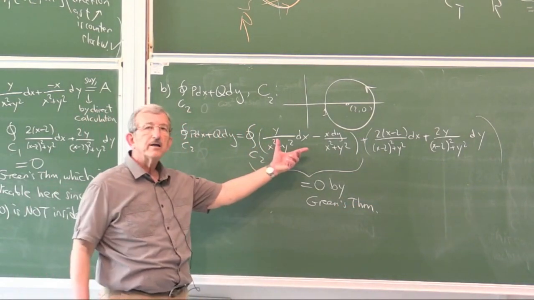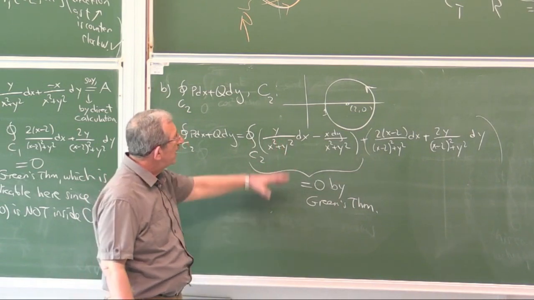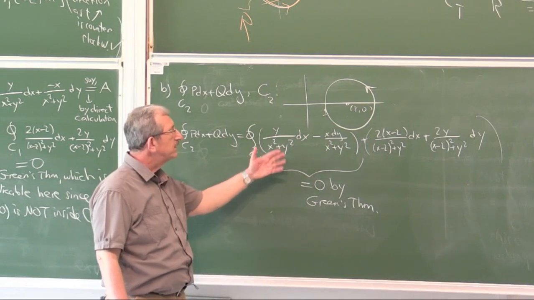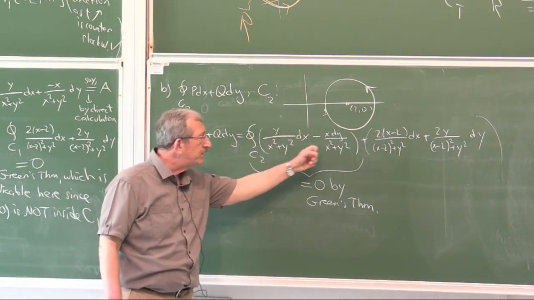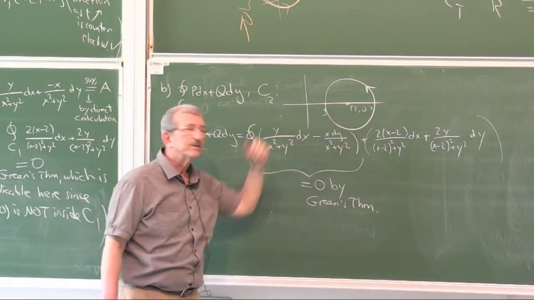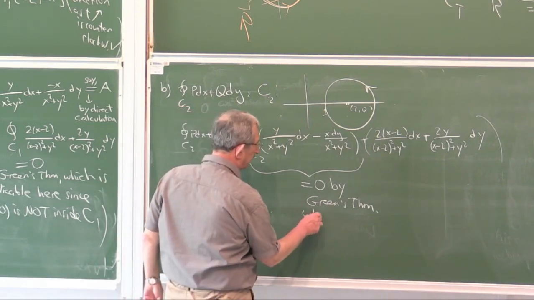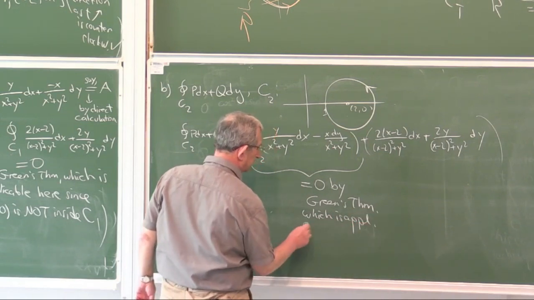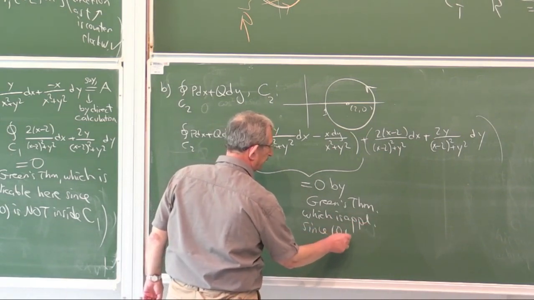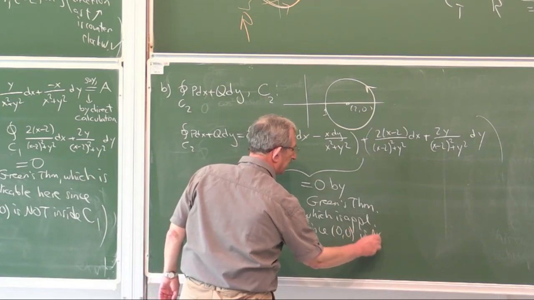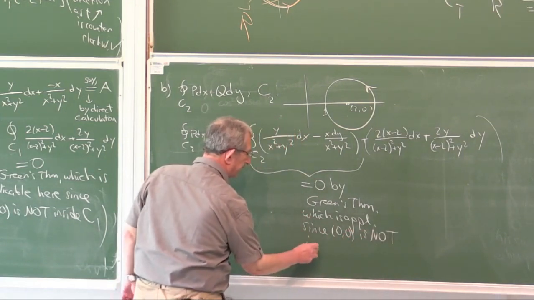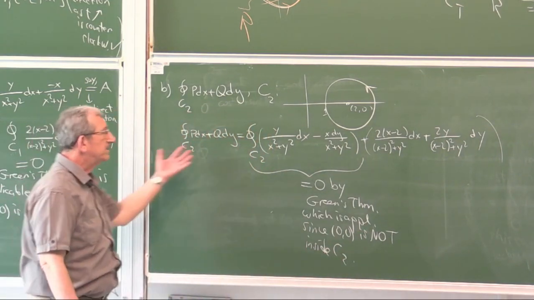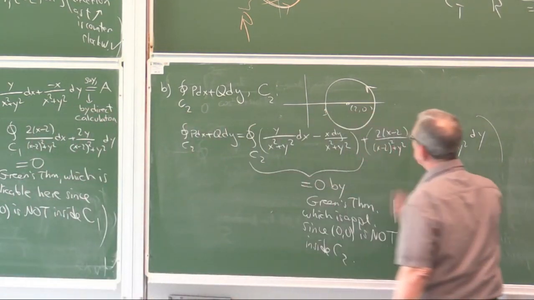Because this is an exact formulation, and Q sub x is equal to P sub y, because the bad point (0, 0) is not inside C2, so it is applicable. So this is the same as the second part.